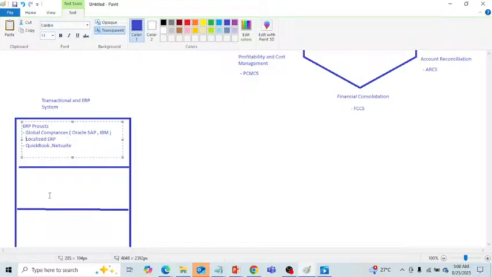Under the other legacy system we have different products for other legacy system. We have some products like SCM and CRM.